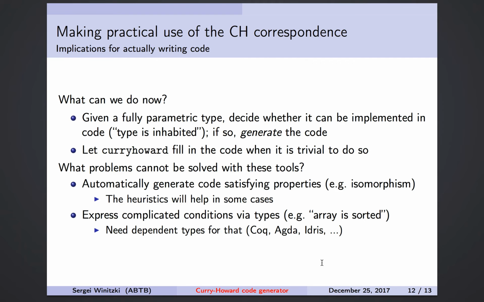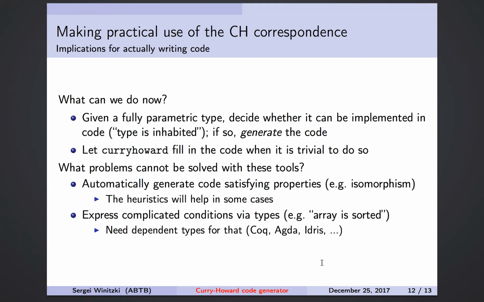So to conclude, what can we do now having this technology? If we have a function that has a fully parametric type, that all types are type parameters, then we can decide whether the function can be implemented in code. And this is algorithmic, so the algorithm is implemented by the Curry-Howard library, and the library will also generate the code.